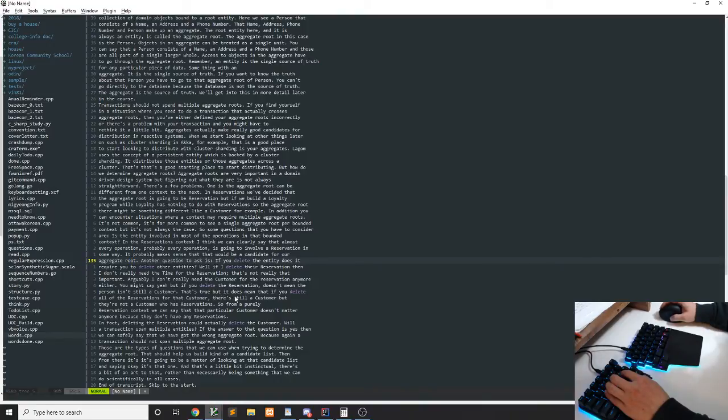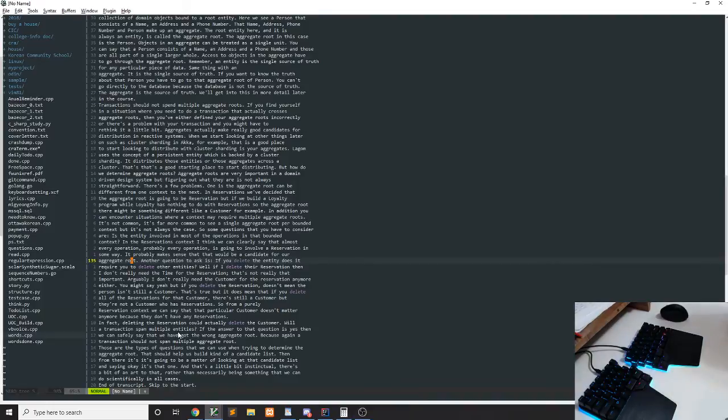That's true, but it does mean that if you delete all the reservations for that customer, there's still a customer, but they are not a customer who has reservations. So for a purely reservation context, we can say that the particular customer doesn't.